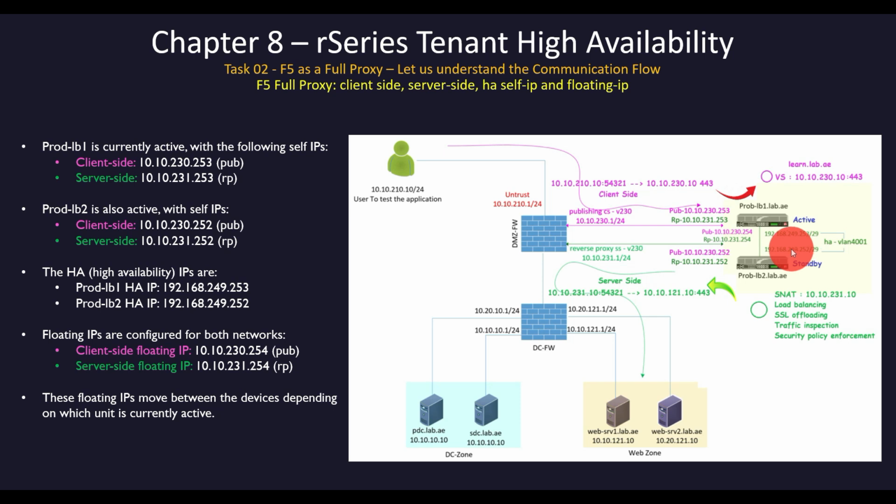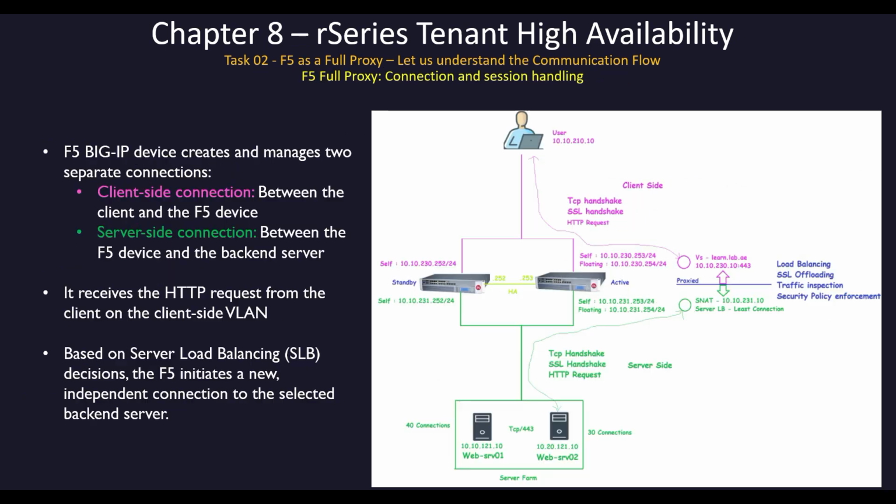A floating address is configured for both the client side 10.10.230.254 and the server side 10.10.231.254. These floating IPs move between devices based on the active unit. These are always associated with the current active FI device. In this case, Prod LB1 is the active unit.